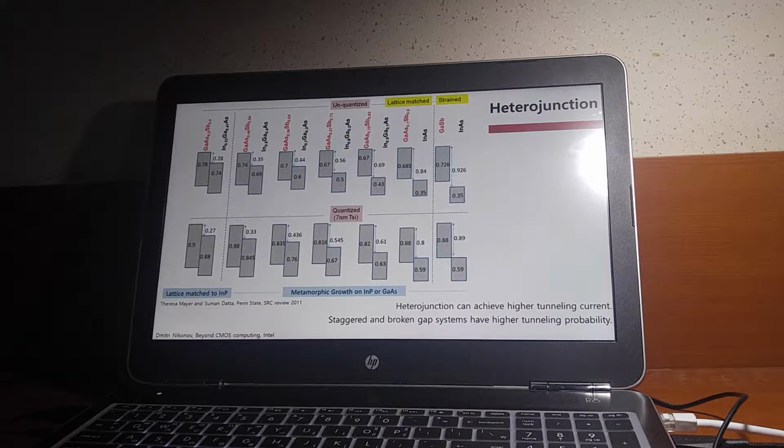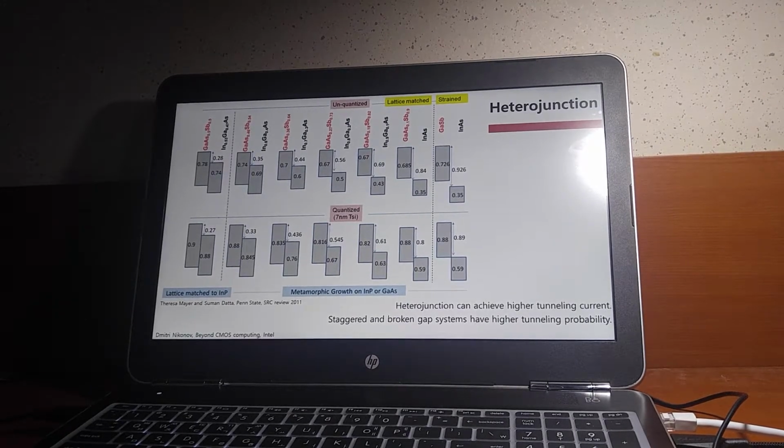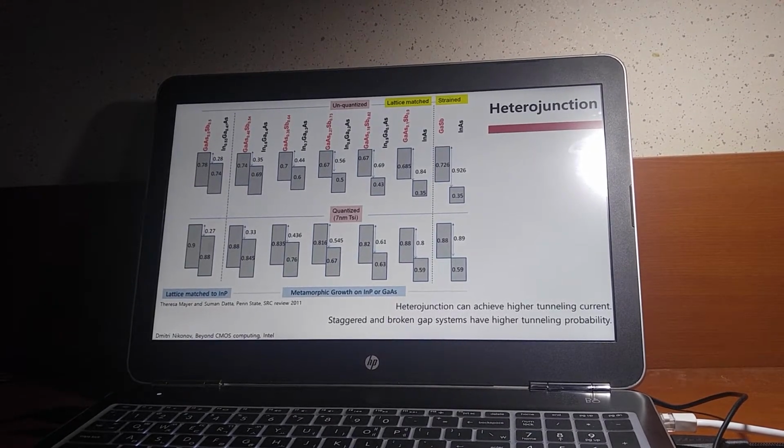The reason why the offset is so important is that the offset decides the tunneling probability, and not only that, it also decides which bias we give could cause the tunneling.